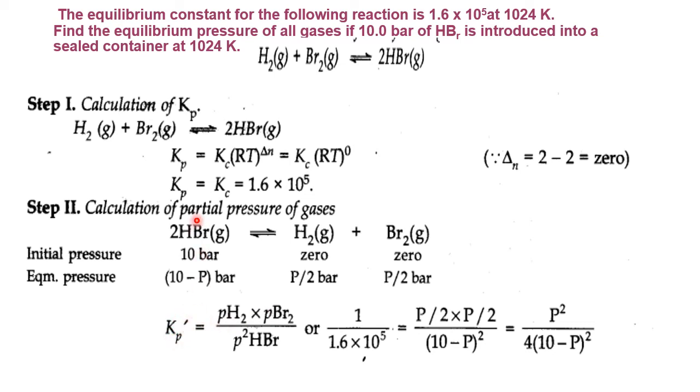What is the Kp prime value? It is the inverse of Kp. So the inverse of Kp is 1 by 1.6 into 10 to the power 5, equal to the partial pressures of the products by the reactant, that is P square by 4 into (10 minus P) whole square. Now what I will do, I will take this as P by 2 into (10 minus P) whole square, so that it is easy to take out the square root.